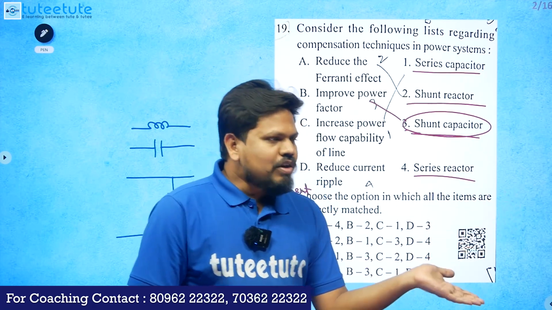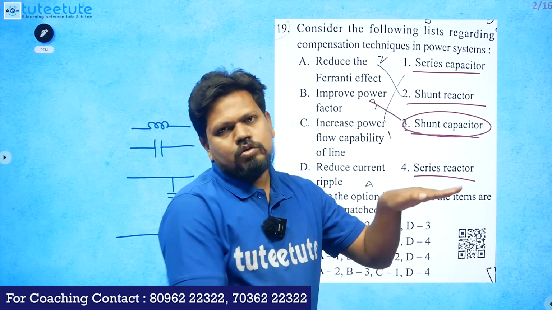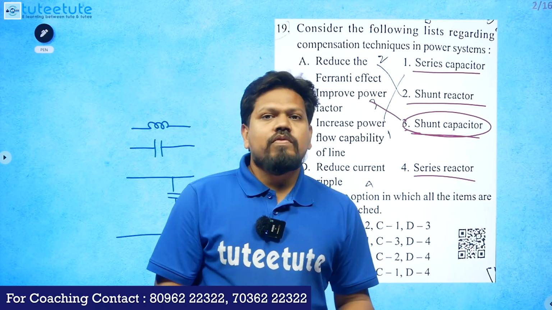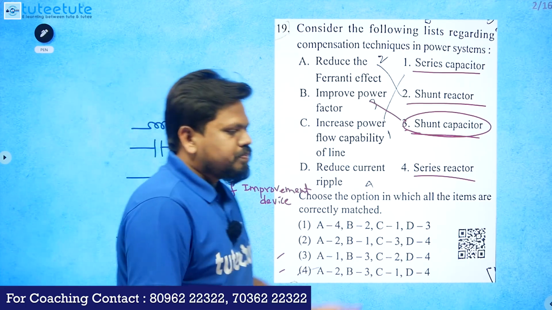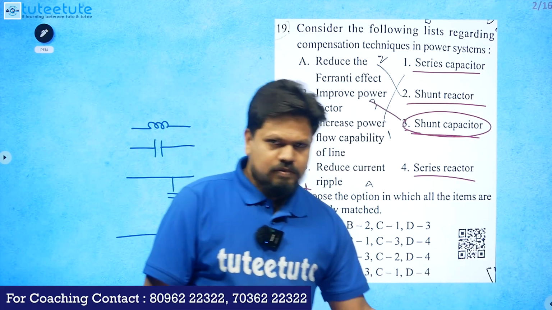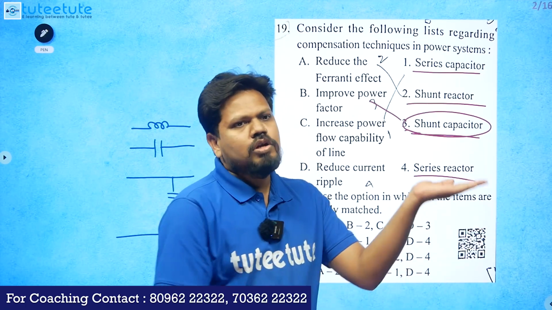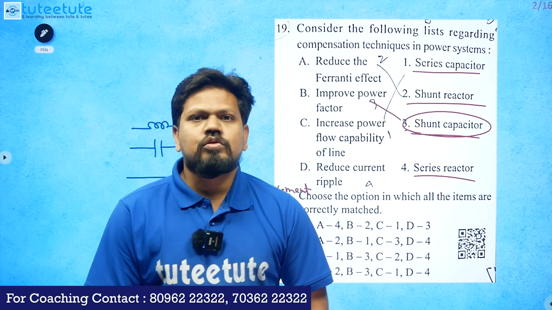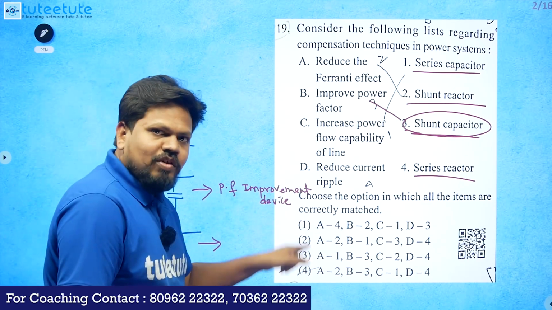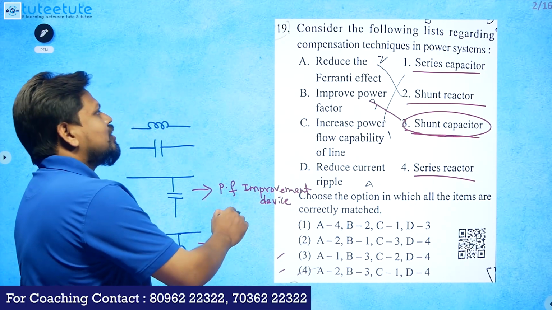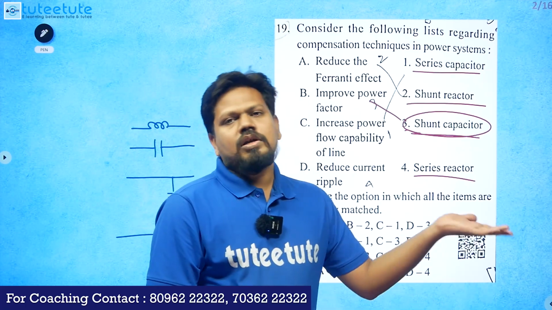Whenever you get over voltage, what do you have to do? You have to reduce that over voltage to the normal voltage. Which device do we use there? We use a shunt reactor. For example, if you are getting low voltage at the receiving end, to improve that voltage to the normal level, which device do we use? A shunt capacitor. Similar to the power factor improvement device, we can increase the voltage from low voltage to the normal voltage.